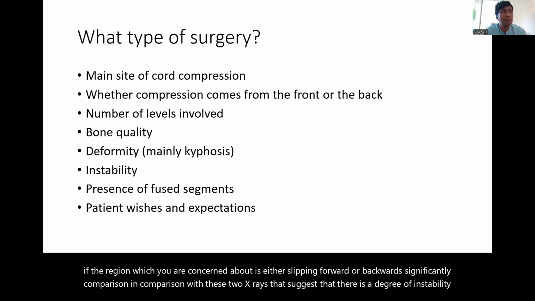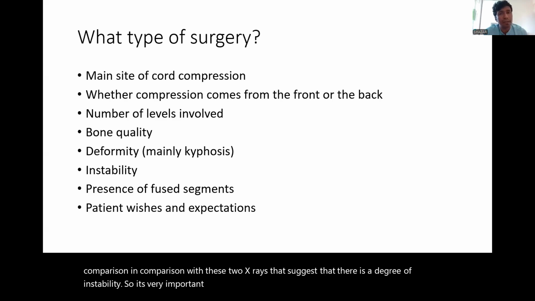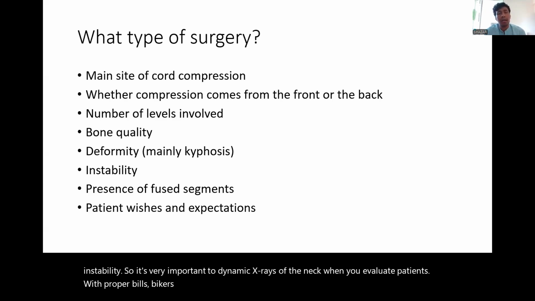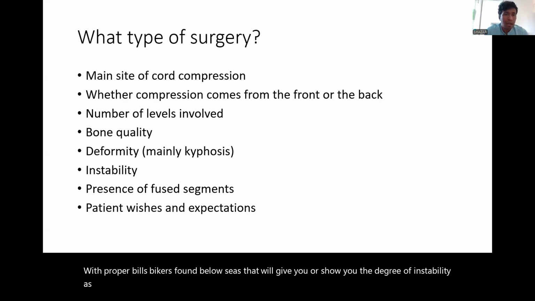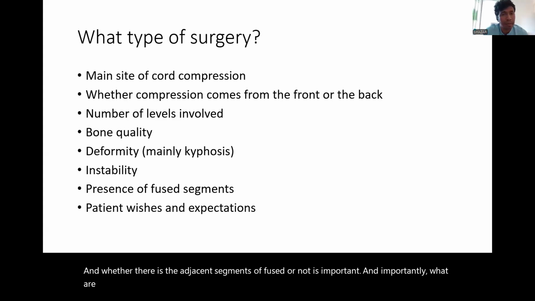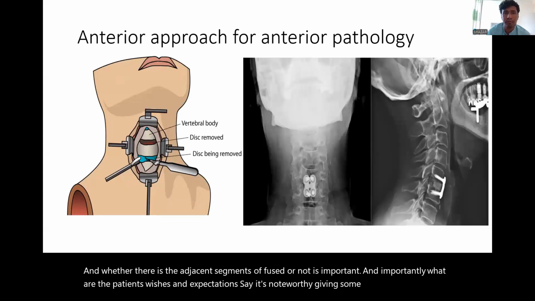So it's very important to do dynamic X-rays of the neck when you evaluate patients with probable cervical spondylosis. That will show you the degree of instability as well. Whether the adjacent segments are fused or not is important. And importantly, what are the patient's wishes and expectations? It's noteworthy to give some attention to that also.